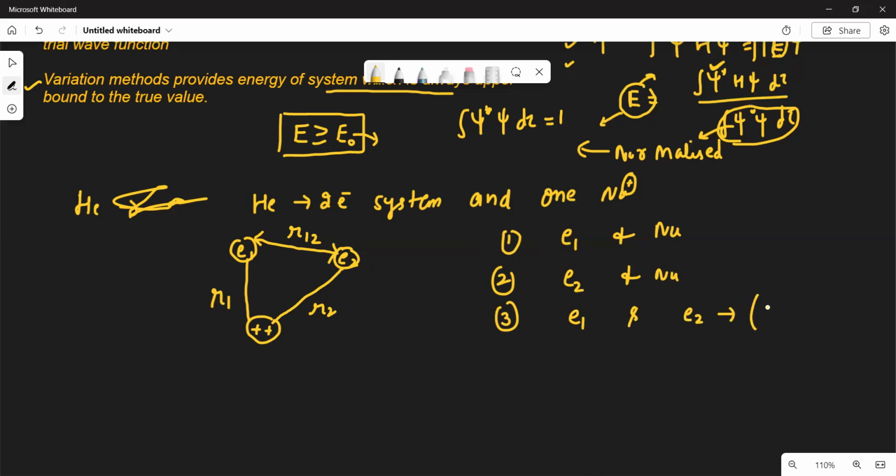This is known as inter-electronic interaction, or we can write repulsion between the electrons. These three interactions are responsible for the potential energy, right?